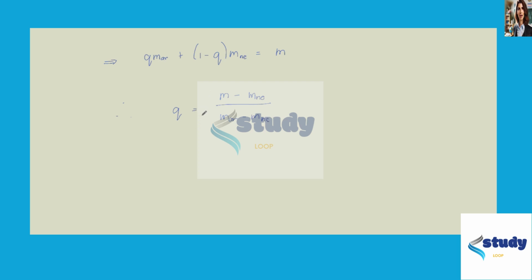So if we suppress the units and cancel the factor of 10 to the minus 23, we get 5.25 minus 3.35, divided by 6.63 minus 3.35. So this gives us the fraction of the gas that is argon to be 0.57, or 57%.